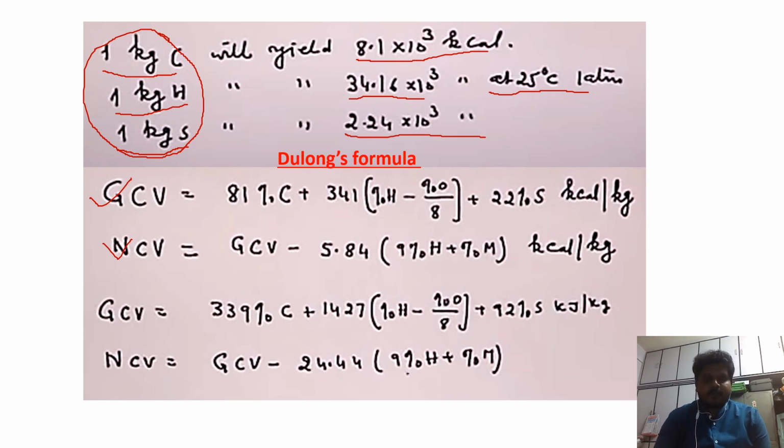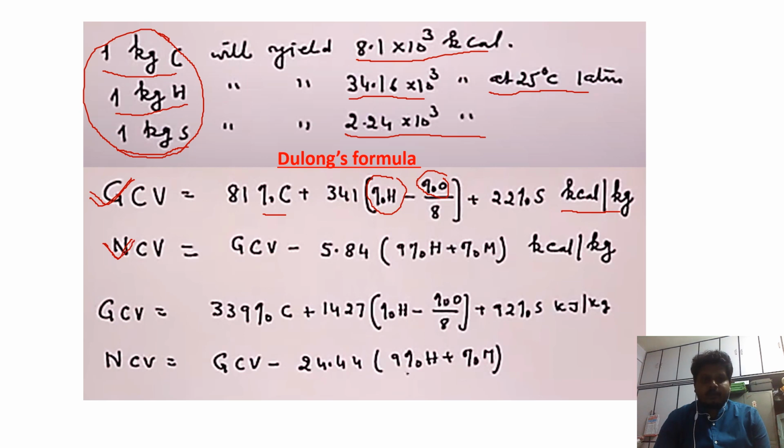So the gross calorific value equals 81 percent carbon plus 341 percent hydrogen minus percentage of oxygen divided by 8, plus 22.15 times percentage of sulfur, in kilocalories per kg. Please note that this equation is in terms of kilocalories per kg.